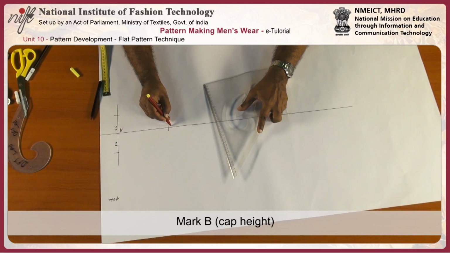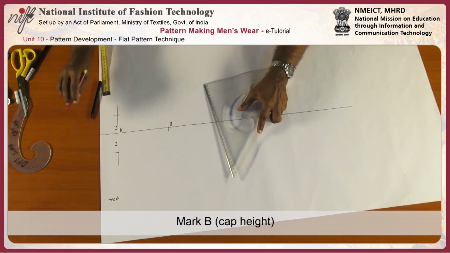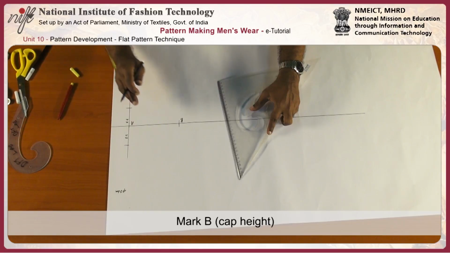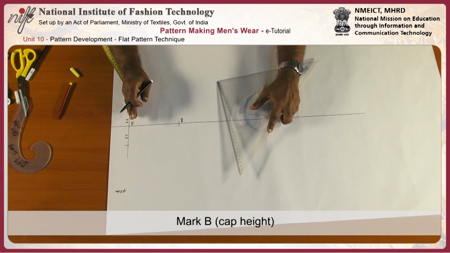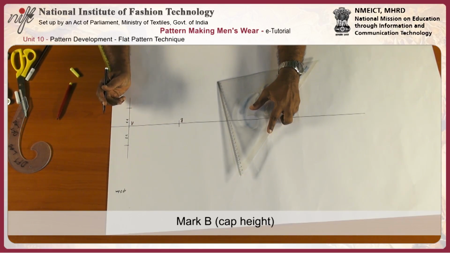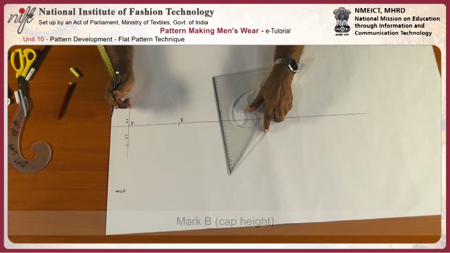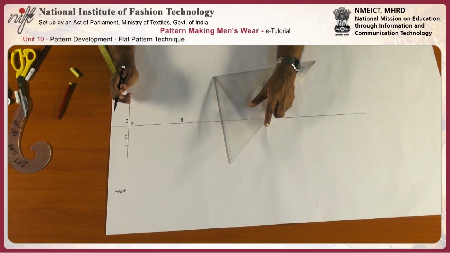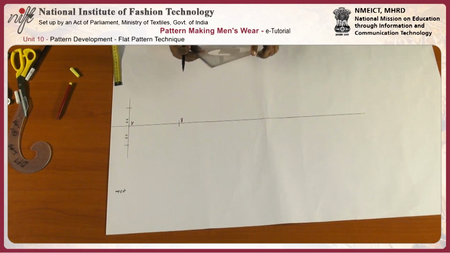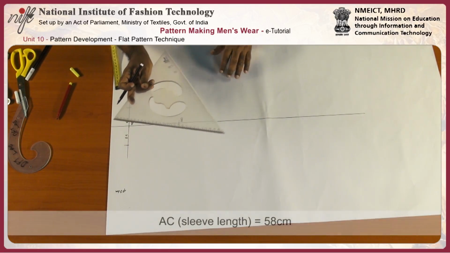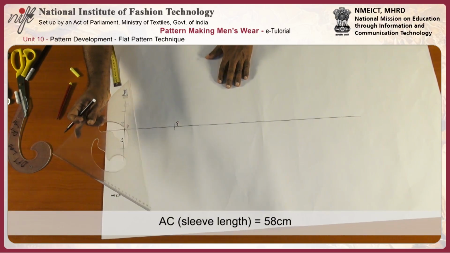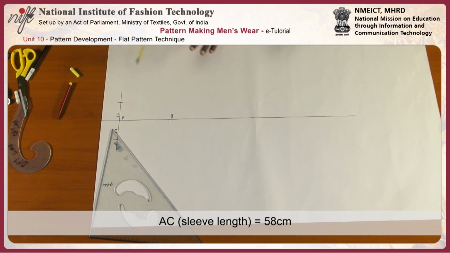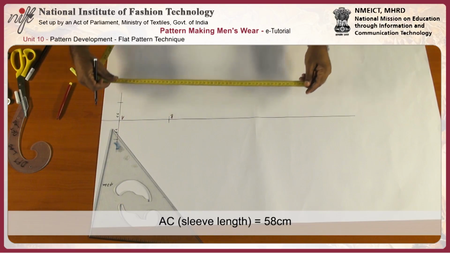So point B, cap height, is 1/3 of total body's armhole minus 2 centimeter. In this case, it comes 13.6 centimeter. Then point A to C, sleeve length 58 centimeter.